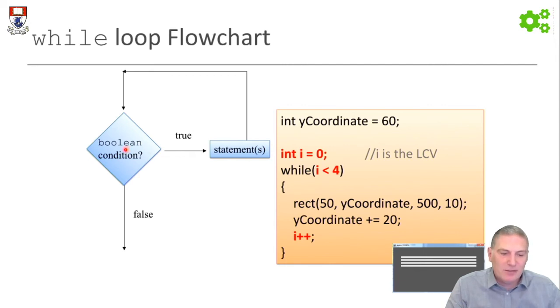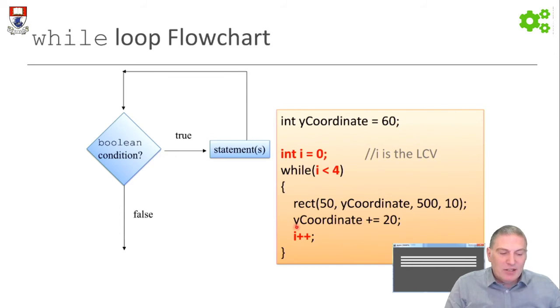Well, 0 is less than 4, so it's true. So we go to the true branch and we execute the statements inside the curly brackets. These are the statements inside. So I execute those, and that's going to draw a rectangle at the current y coordinate, and the y coordinate is up here, a global variable set at 60.